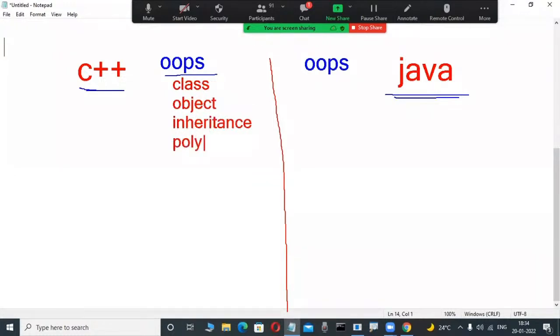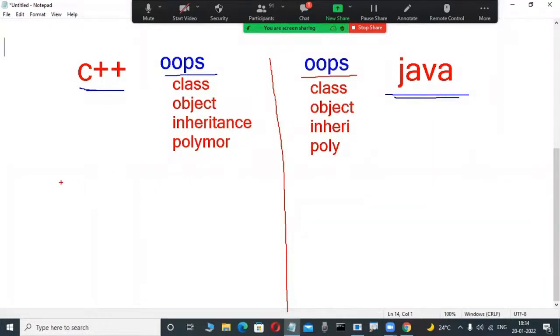Same in Java: what is a class, what is an object, what is inheritance, what is polymorphism, and also encapsulation and binding. Conceptually, class, object, inheritance and polymorphism are the same in C++ and Java.